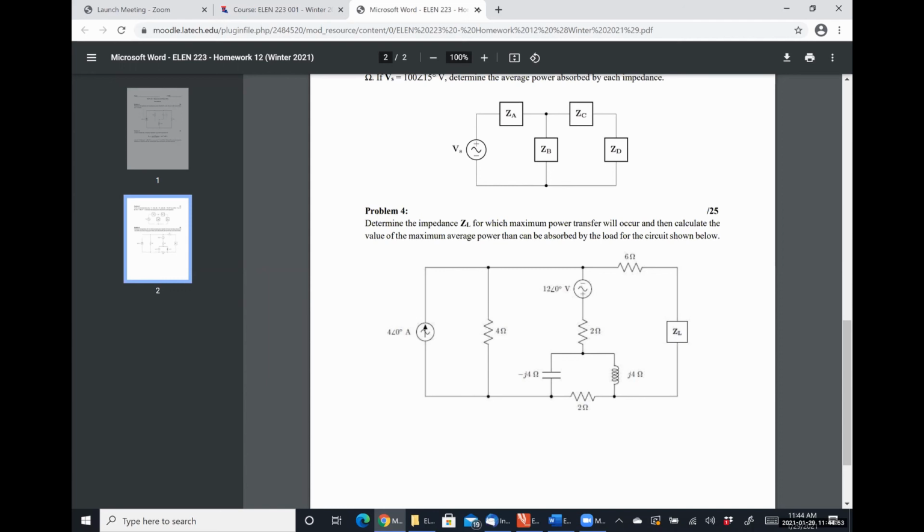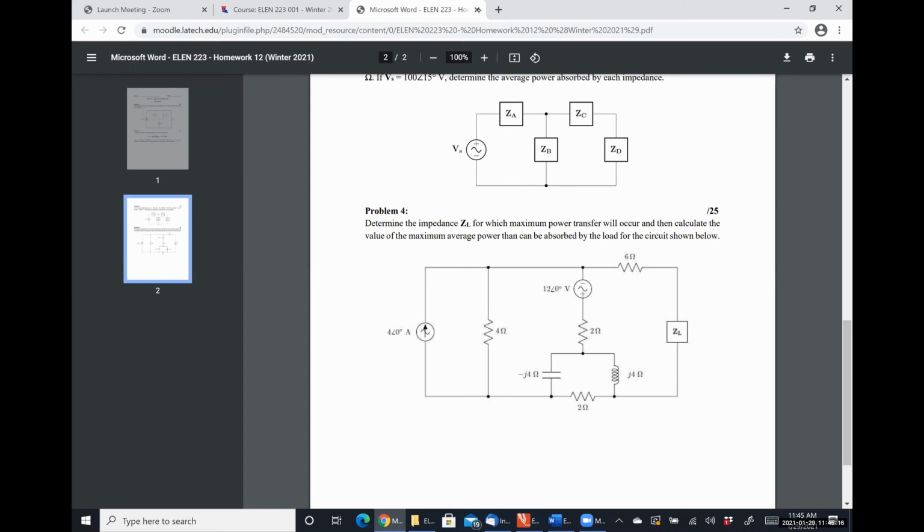Another methodology could be to disconnect this impedance ZL, find the open circuit voltage and the short circuit current, and use that fundamental relationship for Thevenin and Norton equivalent circuits to find the Thevenin equivalent impedance.